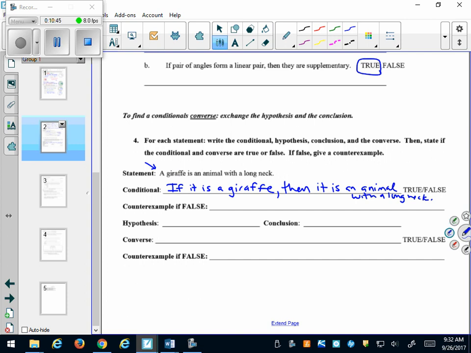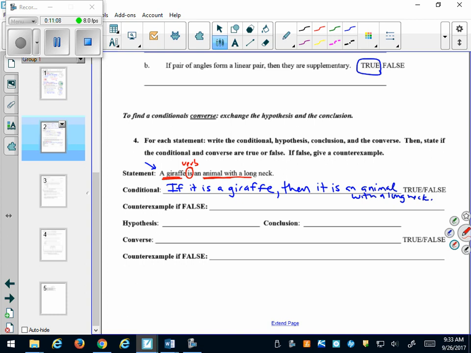Just a little tip here when you're writing conditionals. Look for the word is or was or some verb, any verb. The part before it is what you're going to turn into your hypothesis, and the part after it is what you're going to turn into your conclusion.